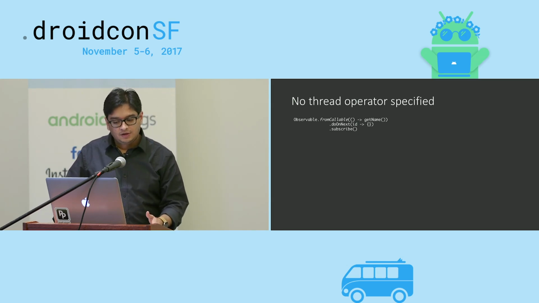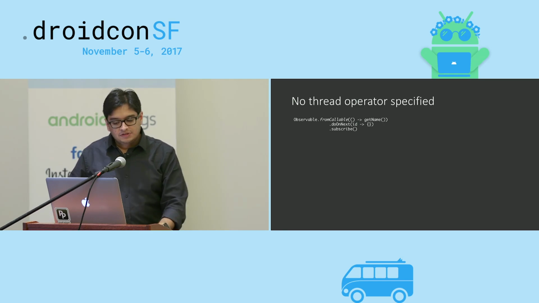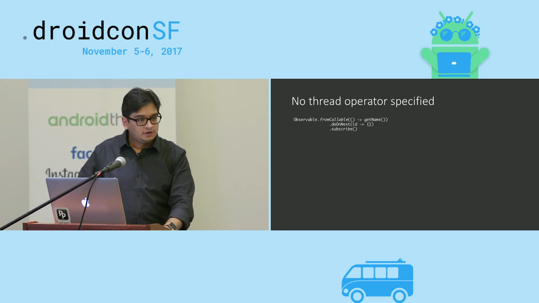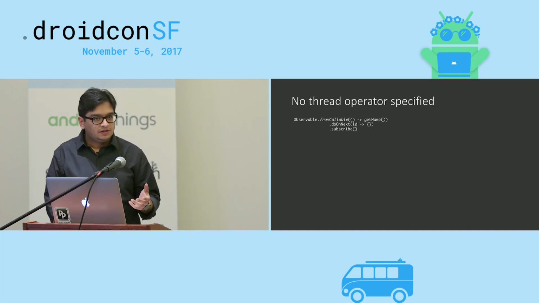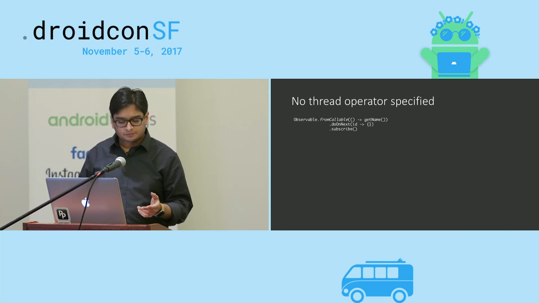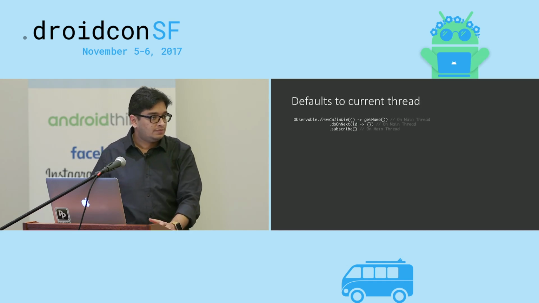And as a result, there is no real threading that you are asking Rx to do. So what happens when you don't specify a threading operator is that the thread that calls dot subscribe becomes the default thread for you. So say this code was running inside your main activity, which is basically your main thread. Everything here would eventually run on the main thread because dot subscribe was called on the main thread.